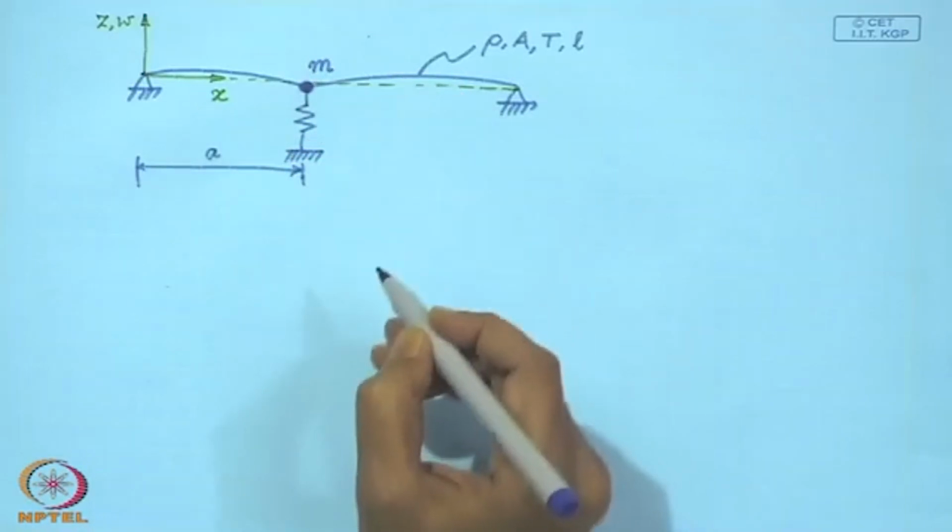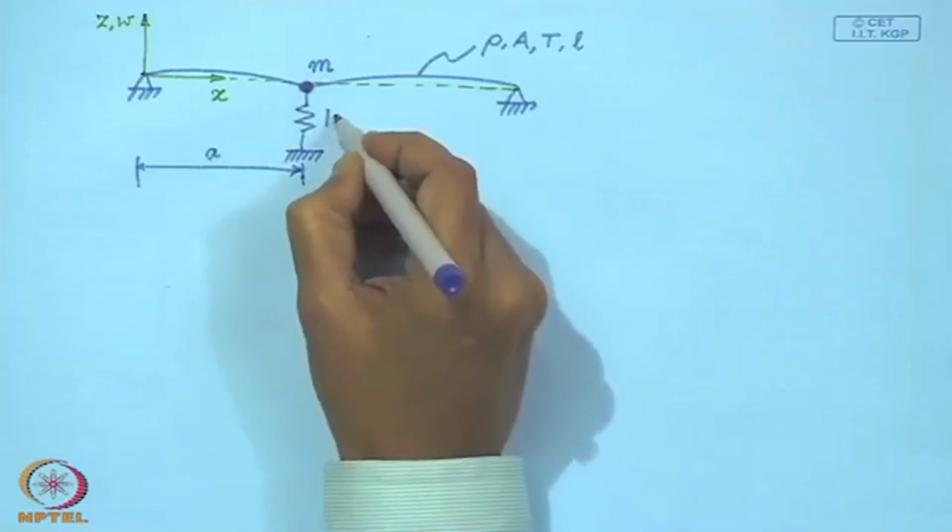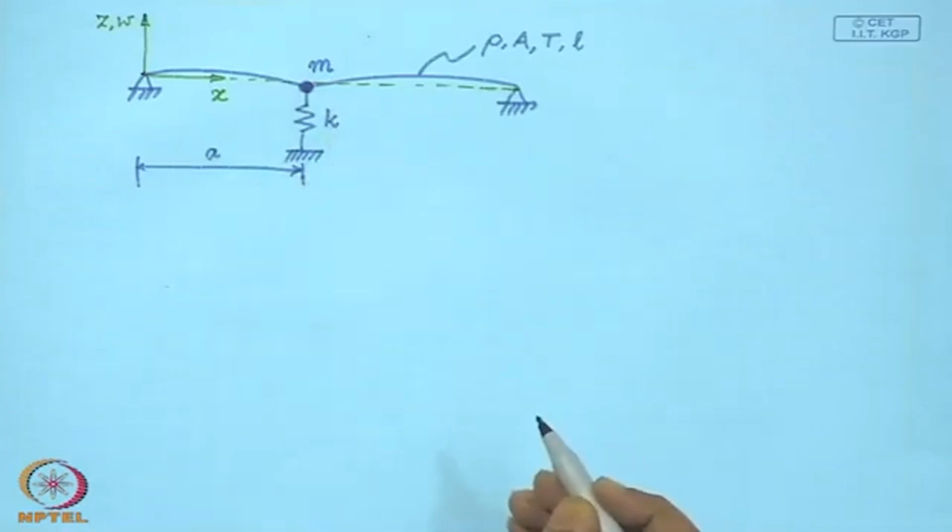Let the mass of this oscillator be m and the stiffness be k.